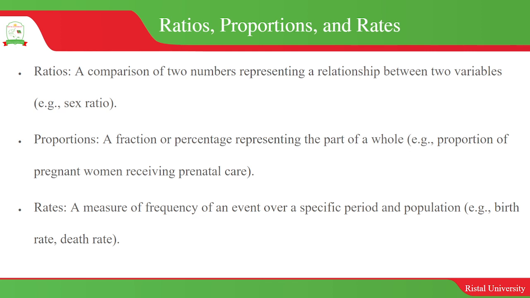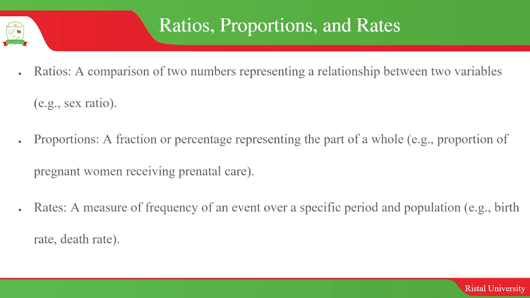And then you come to what we call a rate. A rate is where you have the number of occurrences of a particular event, or the number of cases of a particular disease, and you relate that number with the time for a specified population. That's what we call a rate. So the rate has an element to do with time.